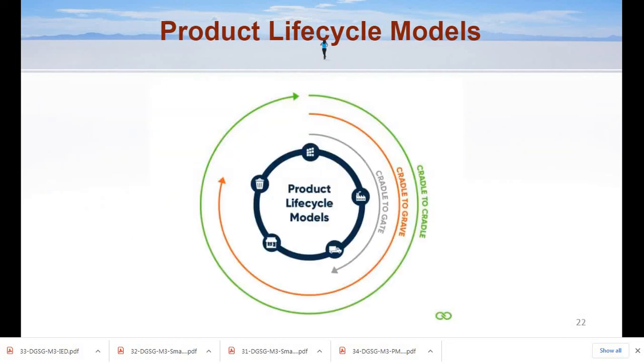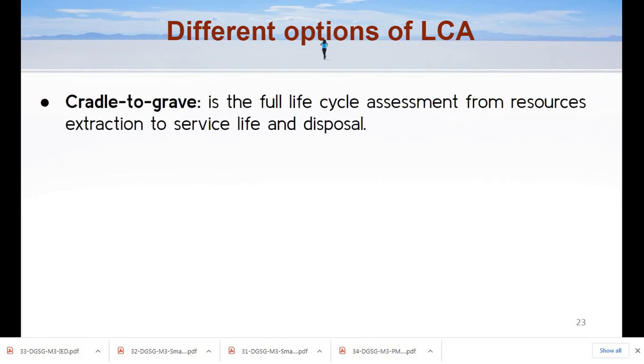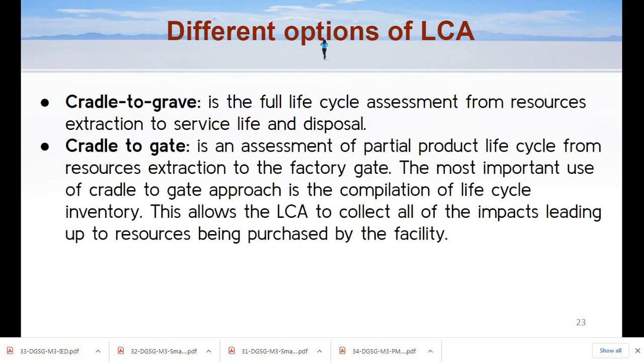Product life cycle models we can divide into 3 or sometimes 4: cradle to cradle, cradle to grave, cradle to gate. Cradle to grave is the full life cycle assessment from resource extraction to service life and disposal.